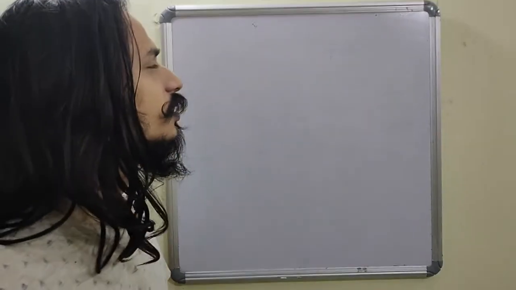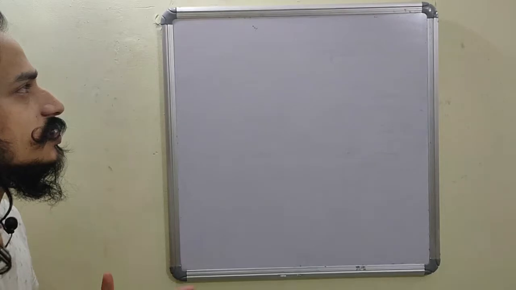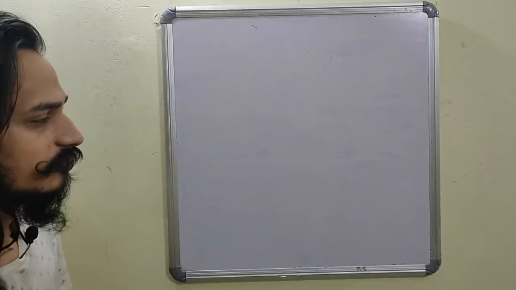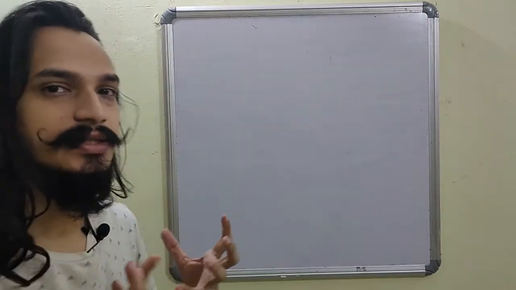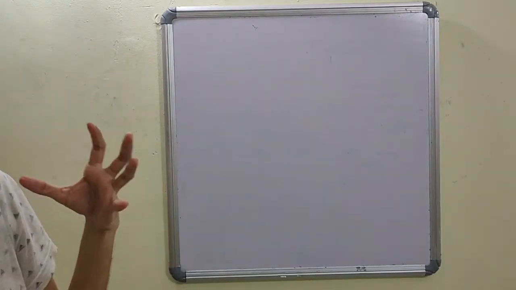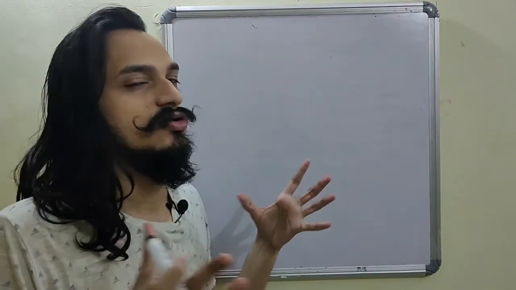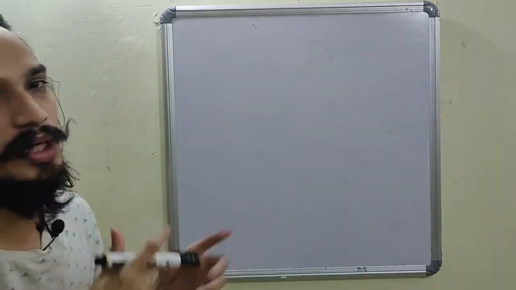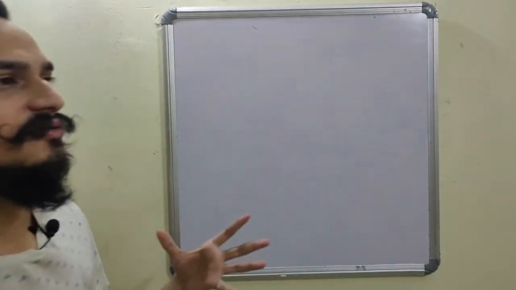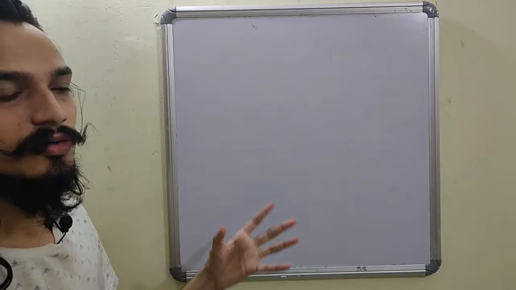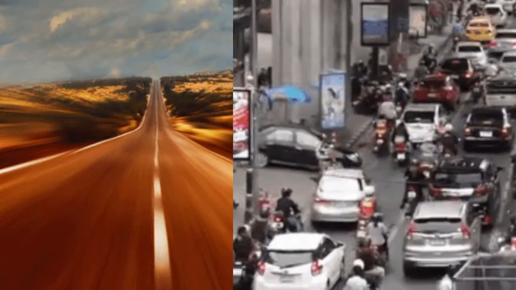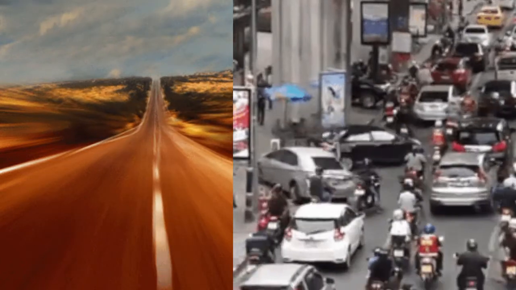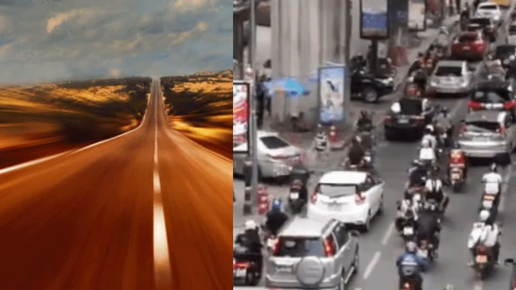The thing about mediums is they are different from each other in a manner that one can be dense. If you know dense, it means a little more packed, so there's not much space in between the matter over there. Imagine it like an empty road and a busy road. We slow down when we go on a busy road and we go fast when we're on an empty road.